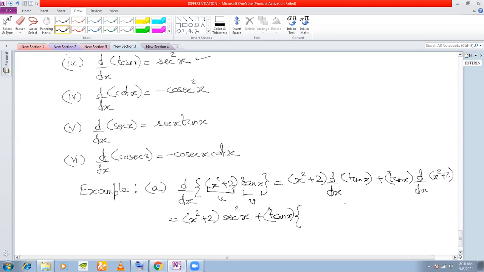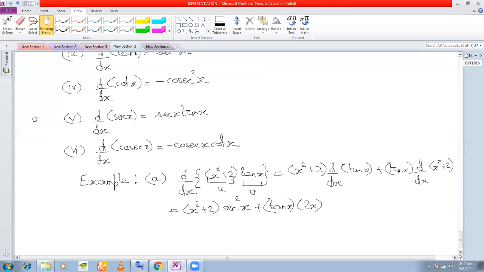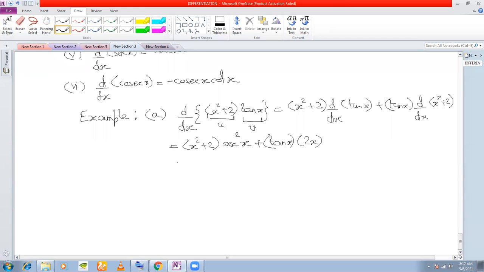You are comfortable with this part. Let me write directly then: (x square plus 2) sec square x plus 2x tan x. That is the derivative of x square plus 2 into tan x.